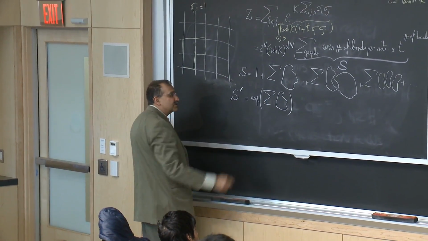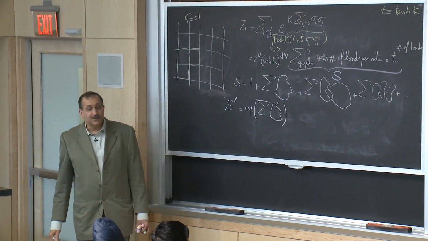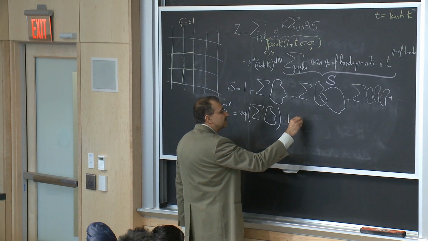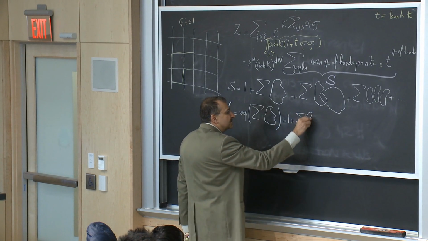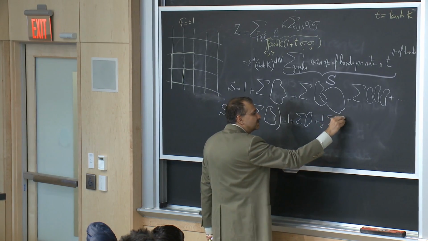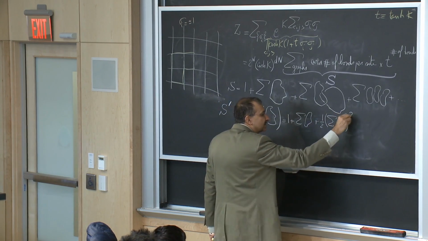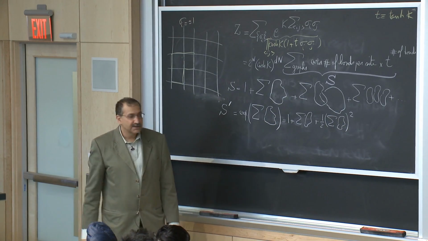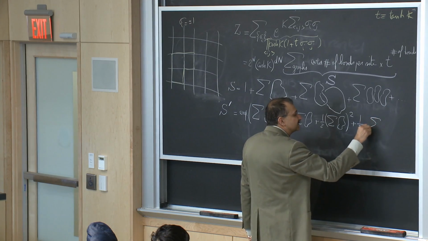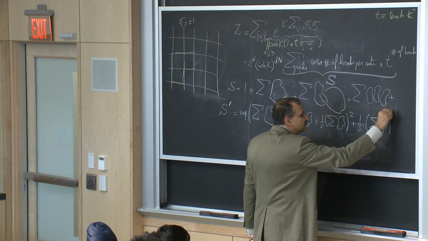Because if I start to expand this exponential, what do I get? I will certainly start to get 1, then the sum over single loop graphs, plus 1/2 of whatever is in the exponent squared, plus 1/3 factorial of whatever is in the exponent, this sum cubed, and so forth.